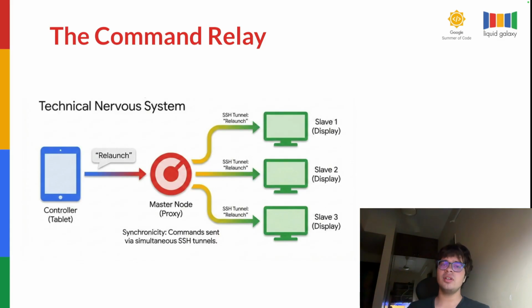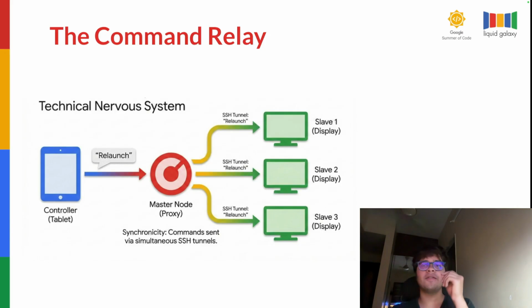The master node uses the SSH tunnel that we have already set up to relay that relaunch command to every single slave's IP address all together at once, so that it is reflected everywhere. Then happens the last part, execution.